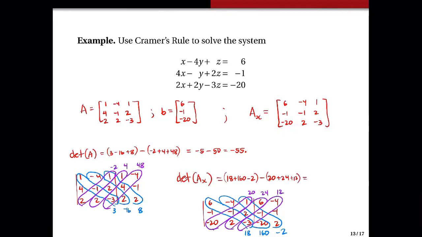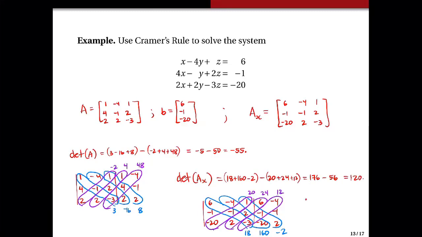So if we simplify this, we will have 176 minus 56. So this is equal to 120. Okay?